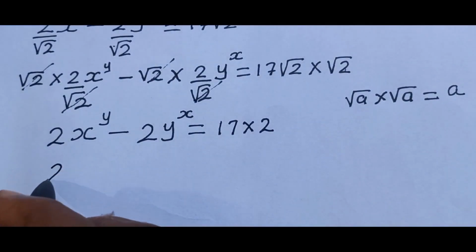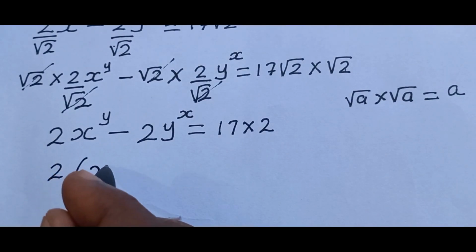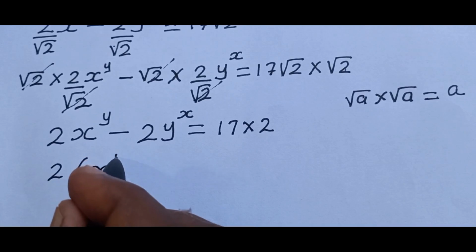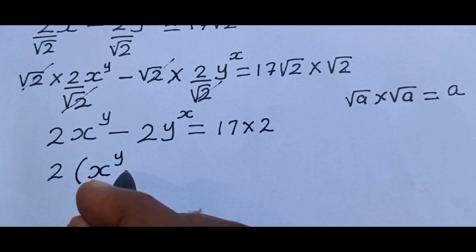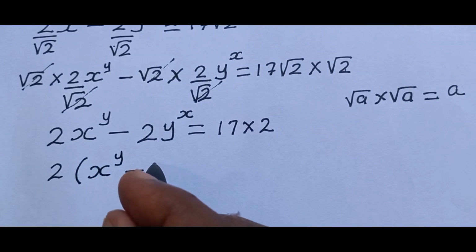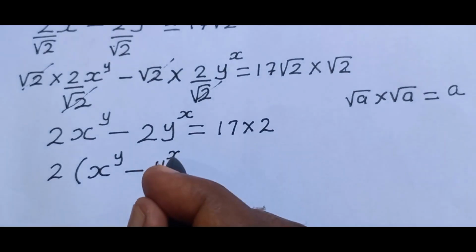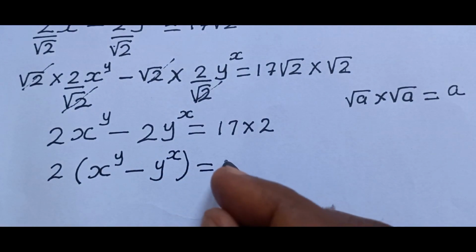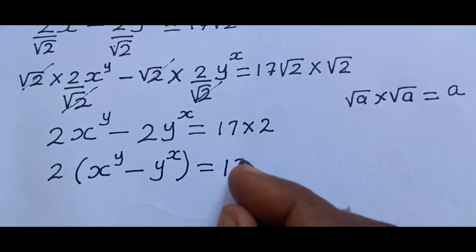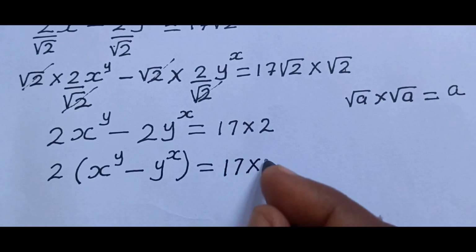So we have 2 in the bracket x raised to power y minus y raised to power x equals to 17 times 2.